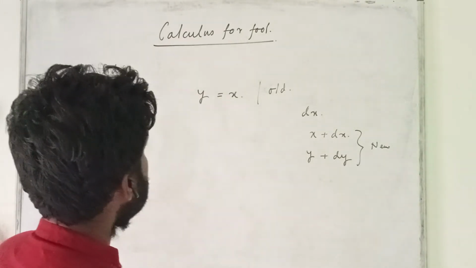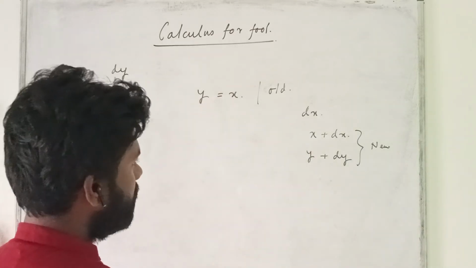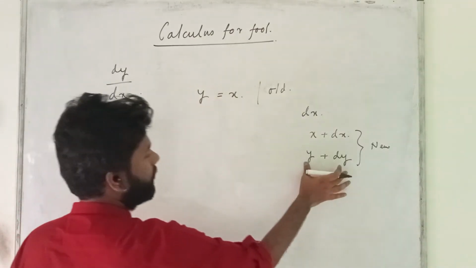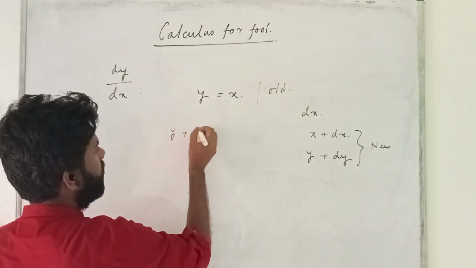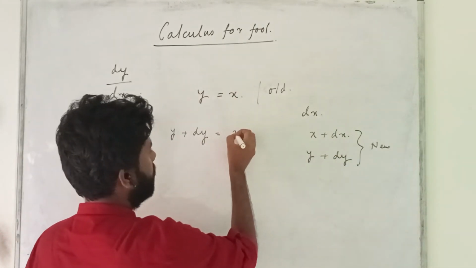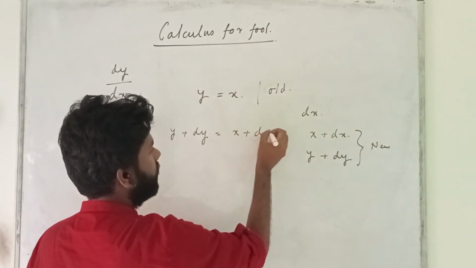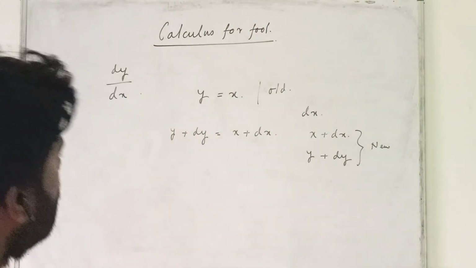So from this old equation, what is the new equation? Just put it here. Instead of y, put y plus dy, and instead of x, just put x plus dx here. It's a new relationship.